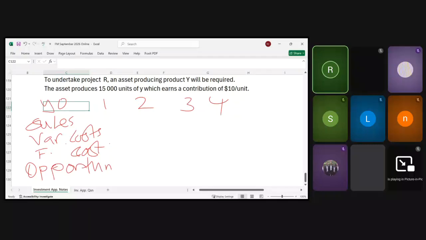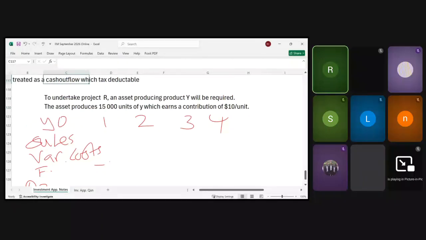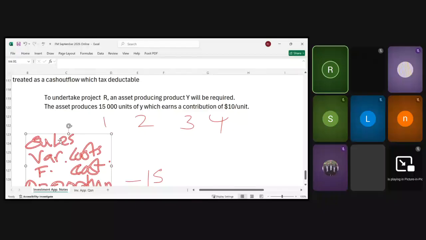So your opportunity cost per year is a negative value of 150,000. This is what we have lost from another project in order for us to pursue project R. Any question on relevant cash flows before I leave this item here?